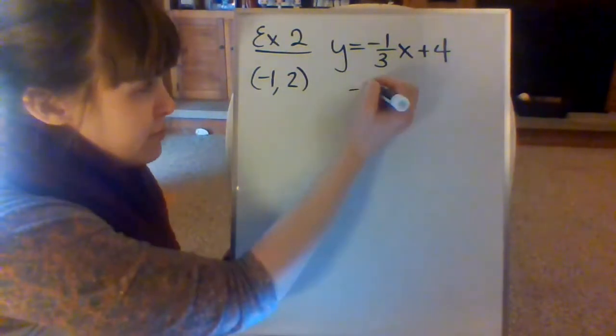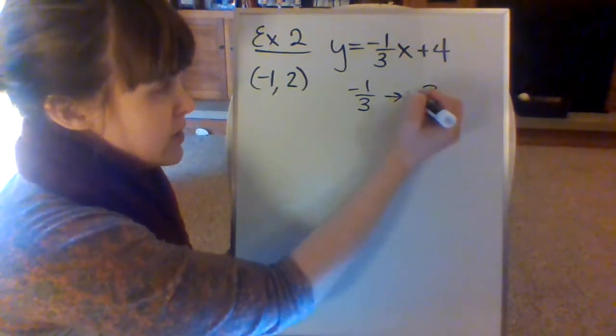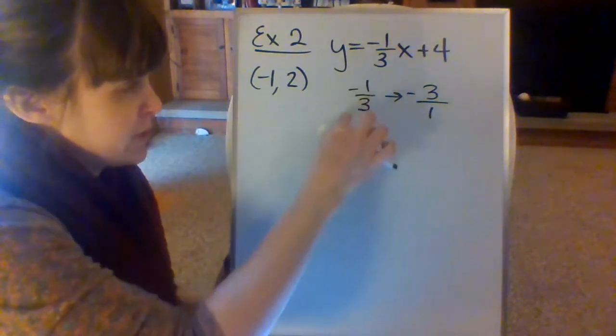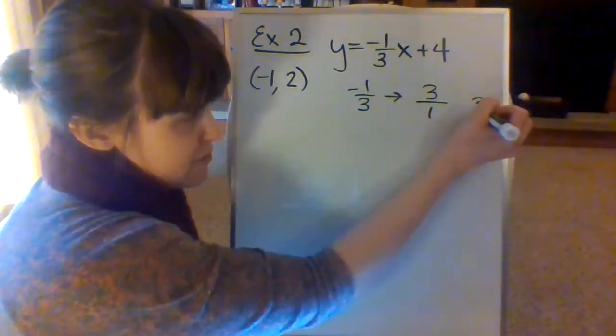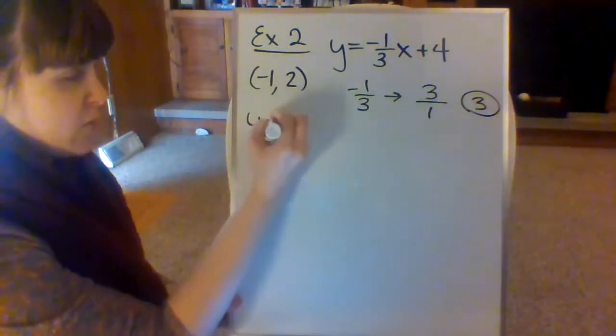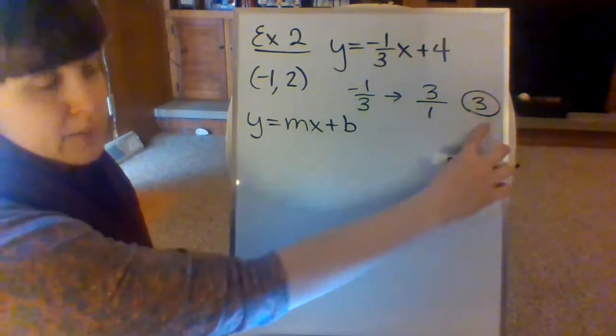So if we were to flip over -1/3, it would become -3/1, but we want to change the sign also. So if we flip this and change the sign, our new slope is going to be +3.